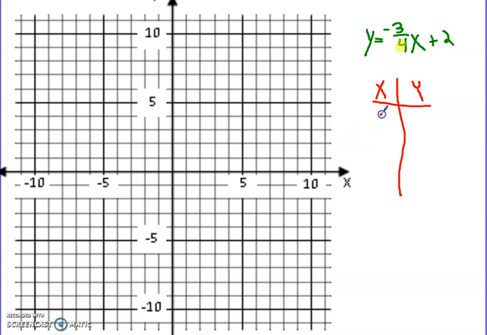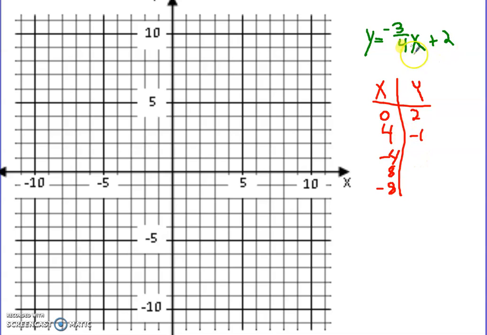So you always want to do 0 and then 4 and then -4. You could do 8 and -8 if you want, but typically I stay with smaller numbers. When you plug 0 in, you're going to get 0, 0 plus 2 is 2. You plug 4 in, you're going to get -3, -3 plus 2 is -1.